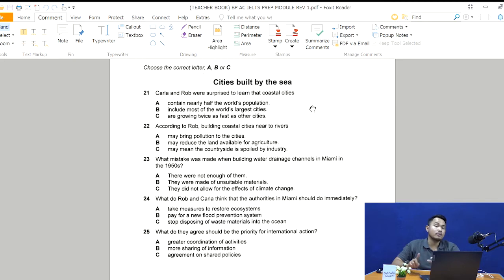Before, in section 2 particularly, you listened to a monologue, somebody talking about a particular topic. In section 3 you're going to listen to a dialogue again, but this time it's going to be more academic related.